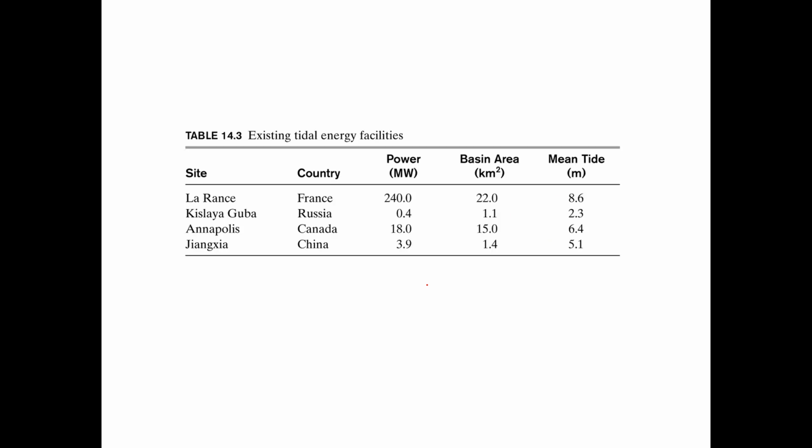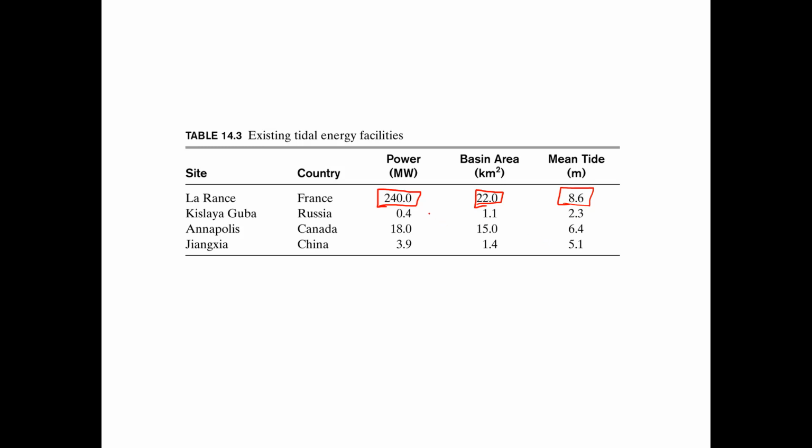This table is interesting. It gives you the data for existing tidal energy facilities. One of the largest in the world, in France, can develop upwards of around 240 megawatts with a basin of 22 square kilometers, where the mean tidal range is about 8.5 meters.